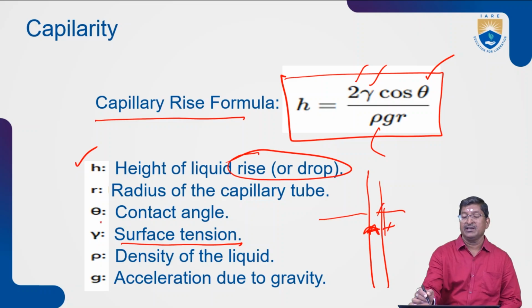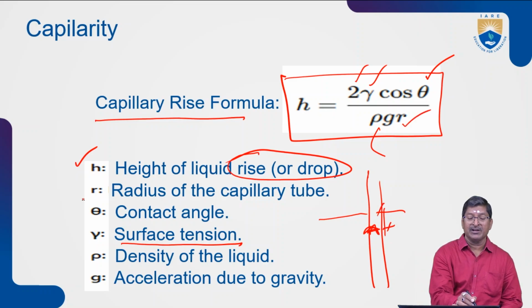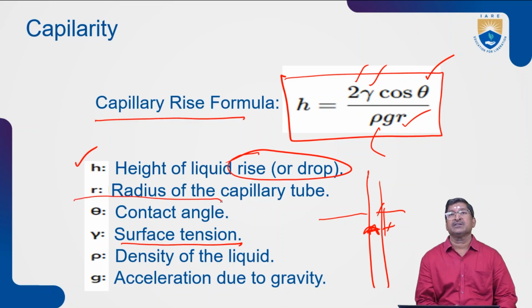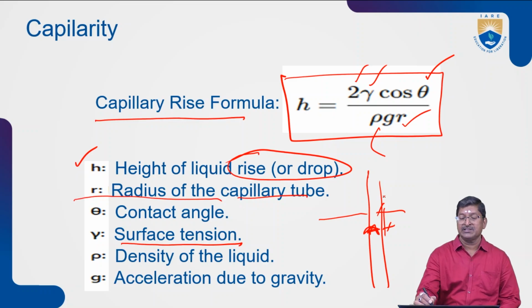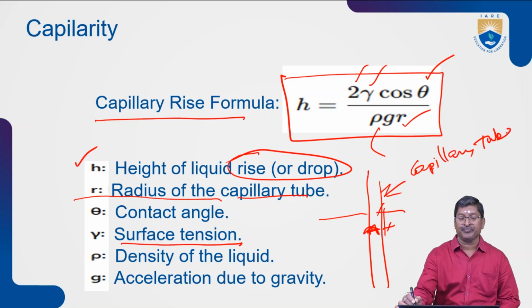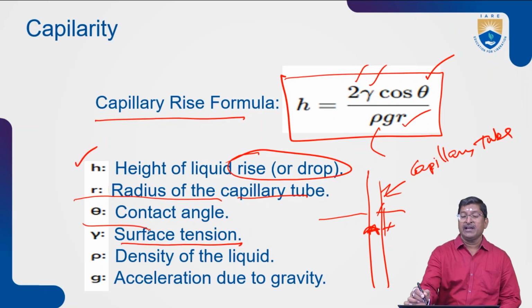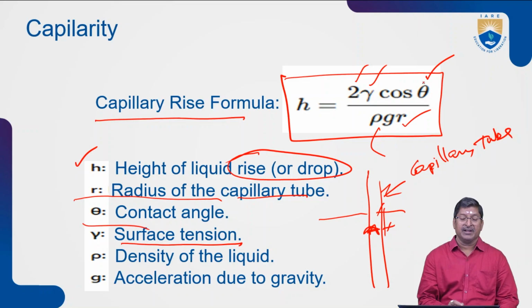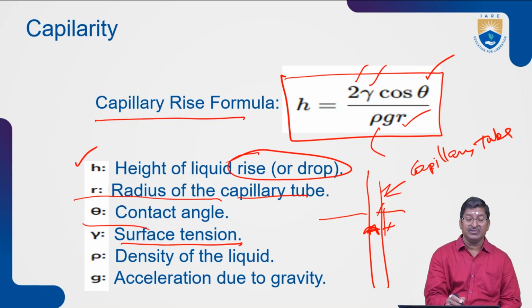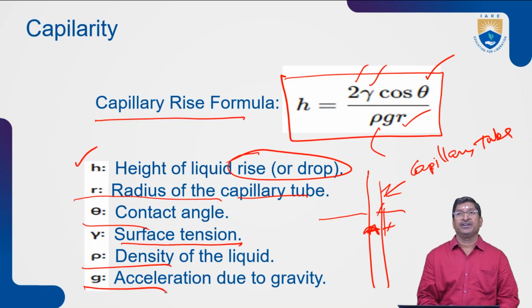And small r is the radius of the capillary tube. This is a capillary tube. Theta is the contact angle, gamma is the surface tension force, rho is the density of the liquid, and g is the acceleration due to gravity.